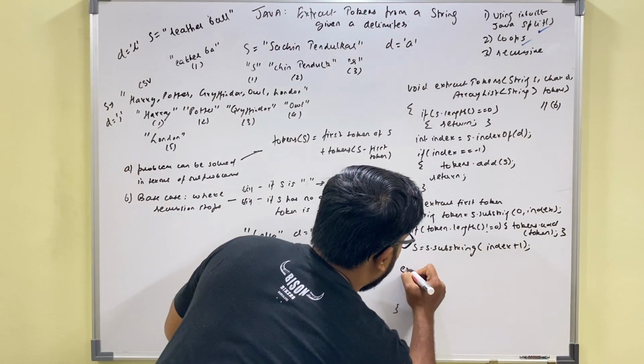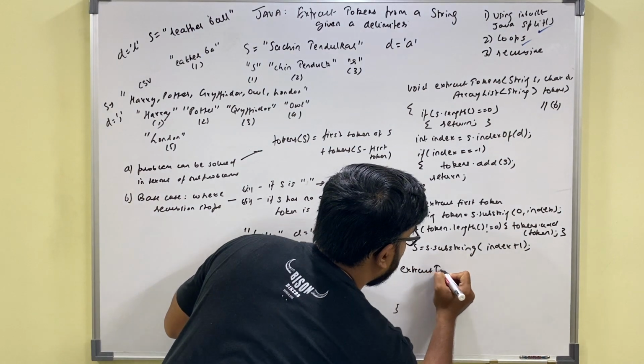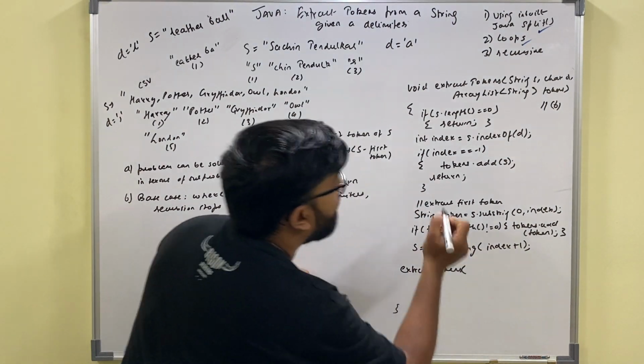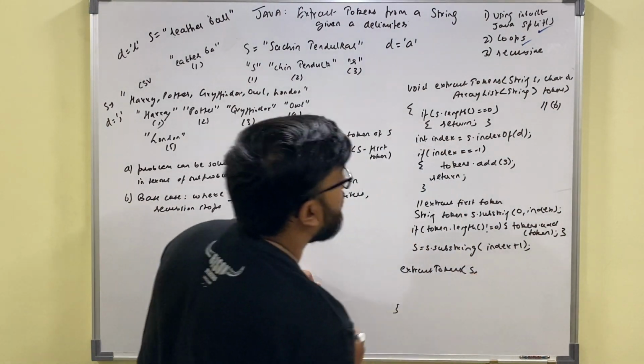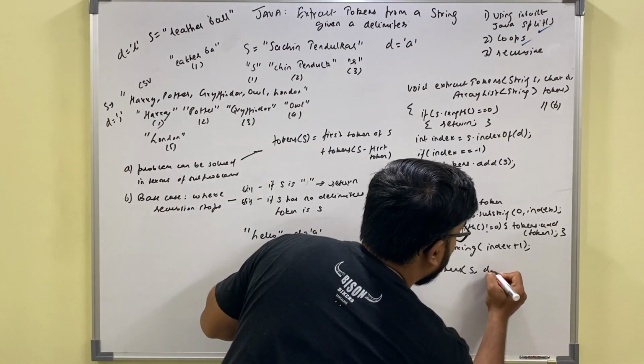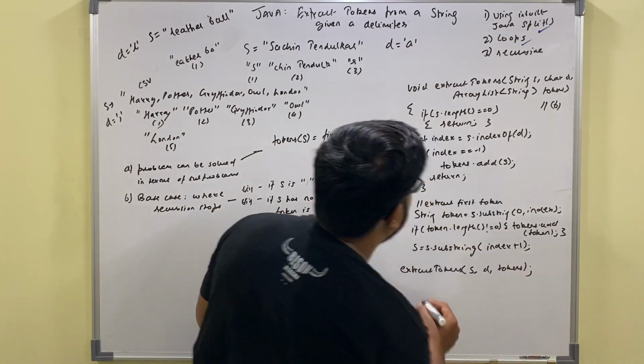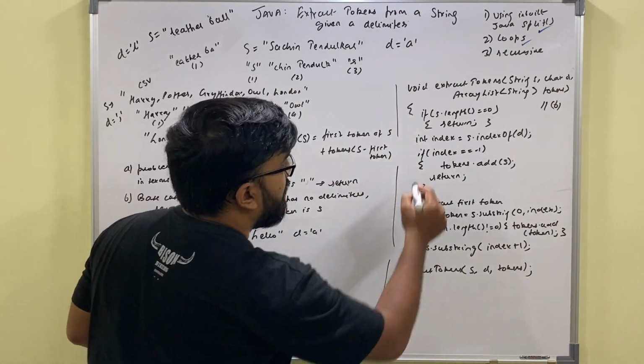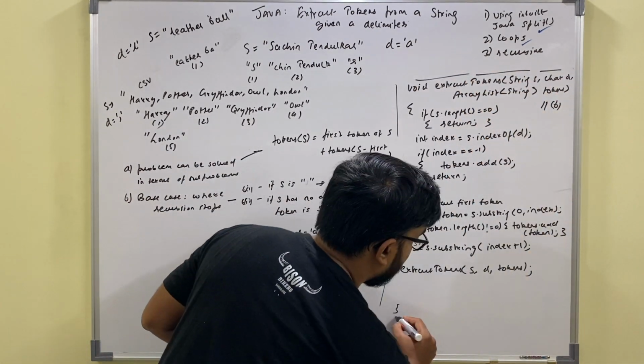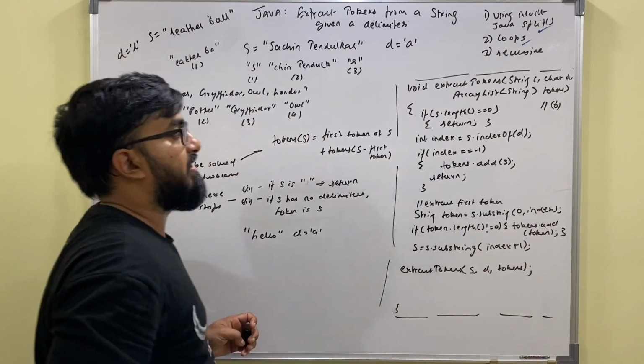So I call extractTokens. My first value is S, my second value is D, and my third value is the list tokens. And this is the recursive method to extract tokens from a string S given delimiter D.